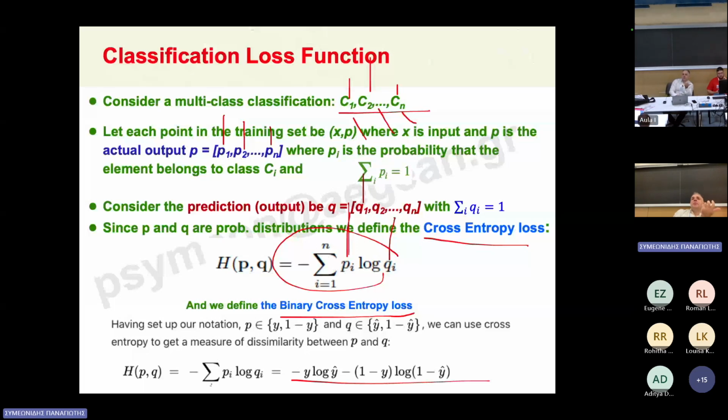because all the papers with neural nets use this specific objective function in the end. Most of them, let's say 9 out of 10 papers. This is the binary cross-entropy loss equation.